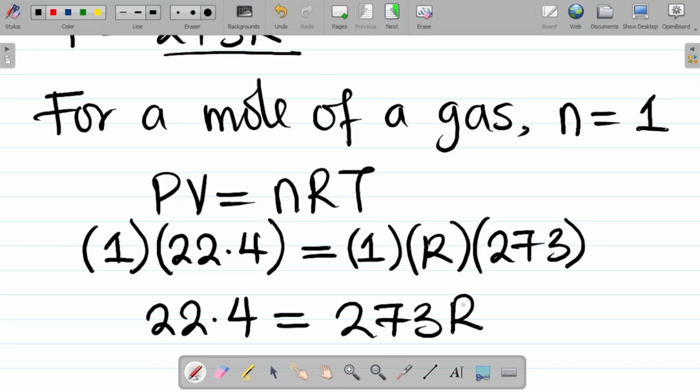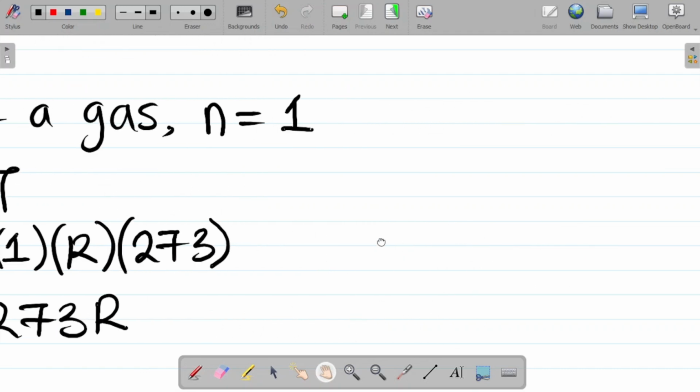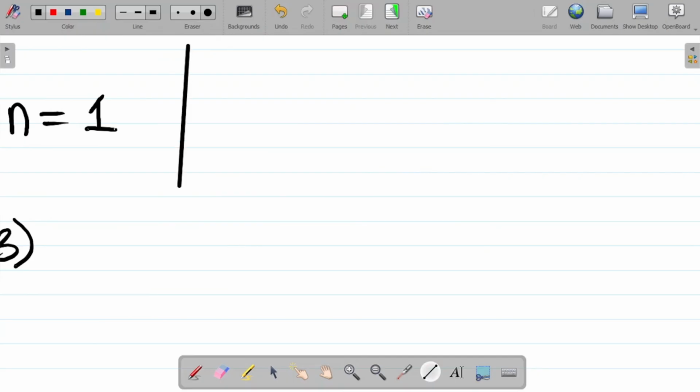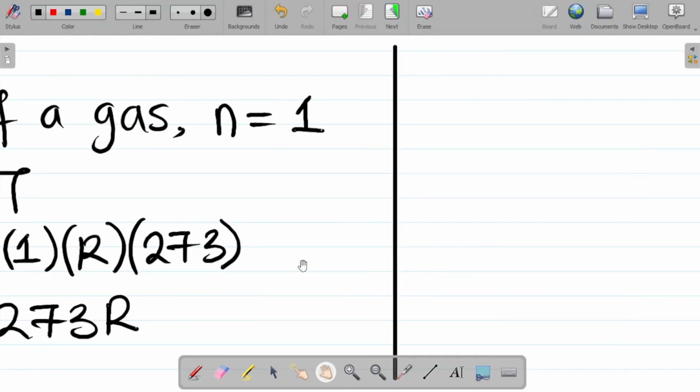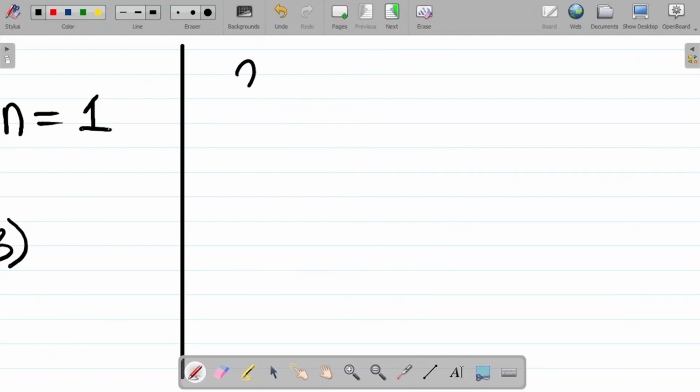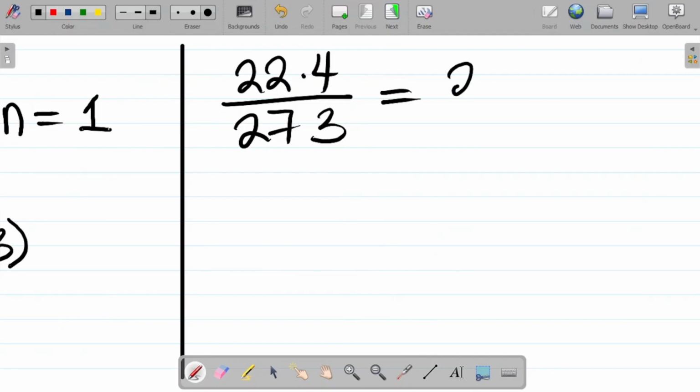All right. To get the value of R, I'll divide both sides by 273. So I have 22.4 divided by 273 equals 273R divided by 273.